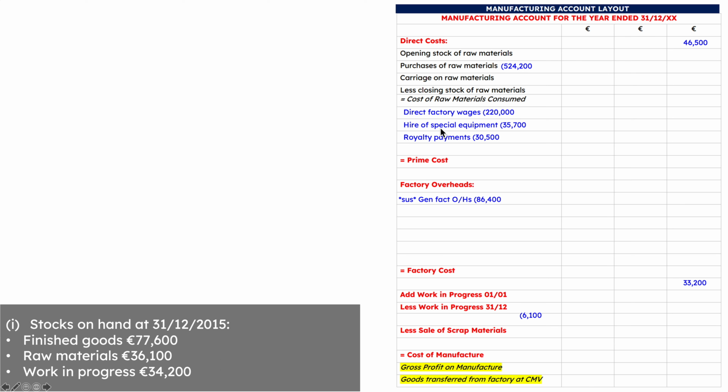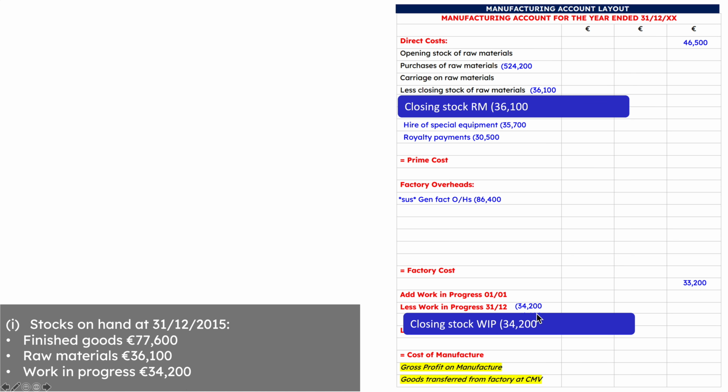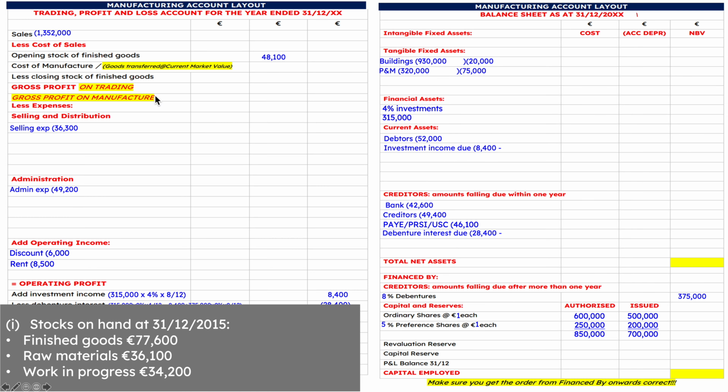So the manufacturing account here, you've got your closing stock of raw materials 36,100 there, you've got your closing stock work in progress 34,200 there, and then you've got your closing stock finished goods 77,600.